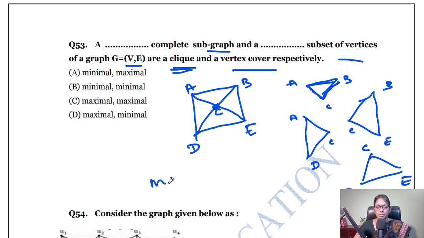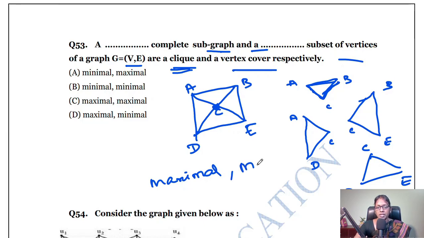So a maximal complete subgraph and a minimal subset of vertices. I am looking at the minimum subset of vertices. So A, B, C is a minimal subset of vertices of a graph G equal to (V, E). This is called a clique and a vertex cover.